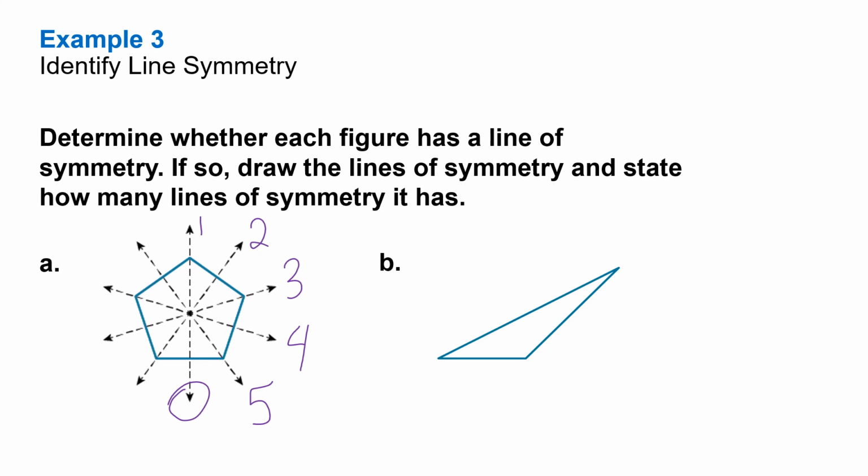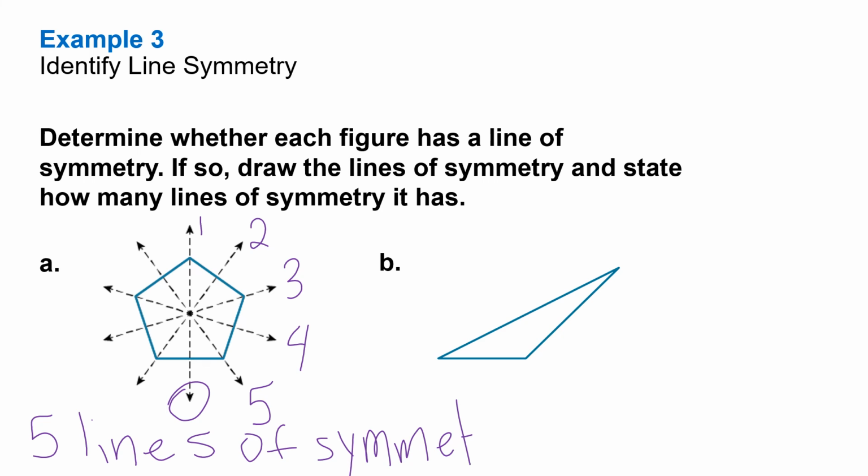So this figure only has 5 lines of symmetry. And in figure B, it does not appear that we can cut this shape in half and it will match up exactly to the other side. So in part B, we have 0 lines of symmetry.